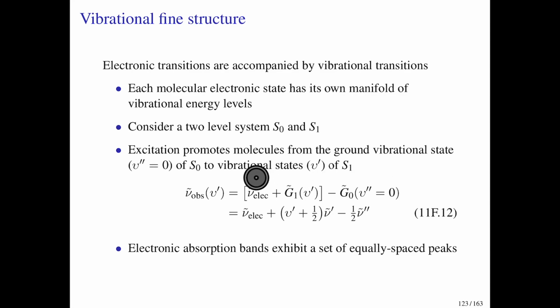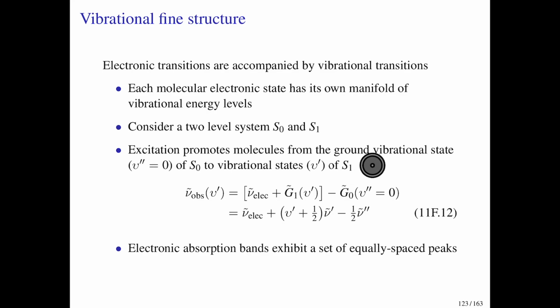This nu electronic is the wave number difference between the ground electronic state and the first excited state, S1. So there's an electronic energy term and a vibrational energy term for the excited state. For the ground state, we only need to consider the vibrational term. We assume that the electronic term is zero. We'll take that as our absolute ground state.